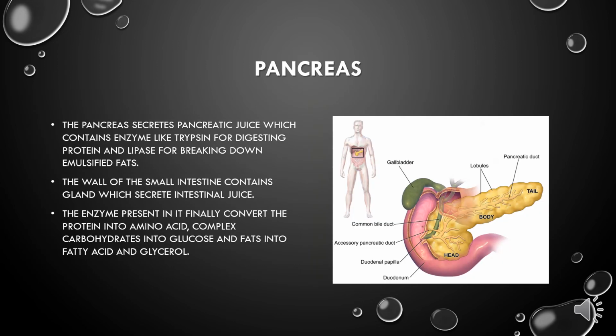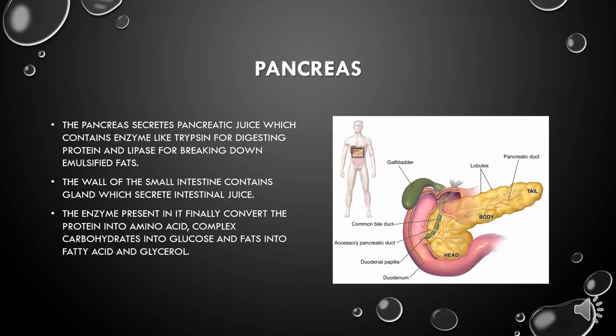Next is the role of the pancreas. The pancreas secretes pancreatic juice, which contains enzymes like trypsin for digesting protein and lipase for breaking down emulsified fats. The wall of the small intestine contains glands which secrete intestinal juice.